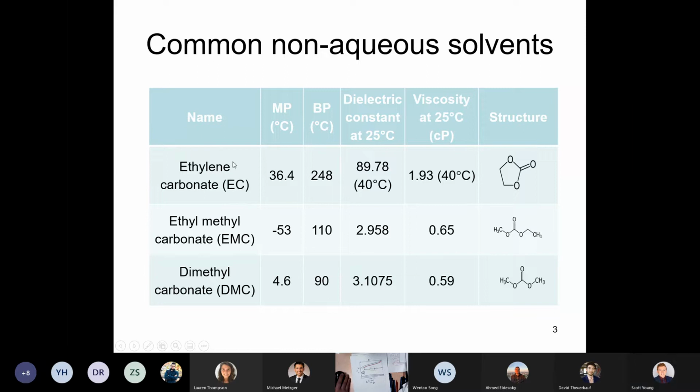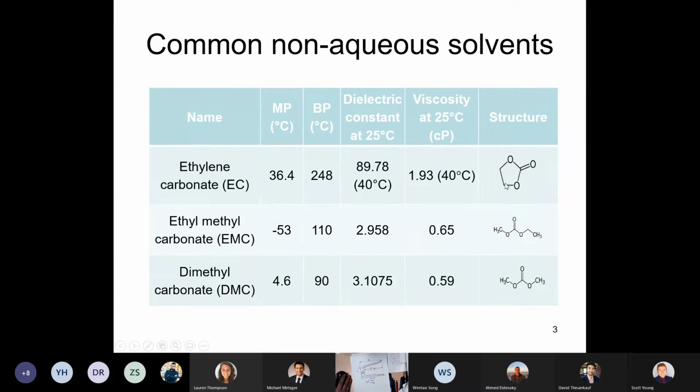Okay, anyway, so I was talking about the most common electrolyte solvents: ethylene carbonate, ethyl methyl carbonate, and dimethyl carbonate, and their structures are shown here. In the typical way of organic chemistry, hydrogens are not shown at carbon vertexes.